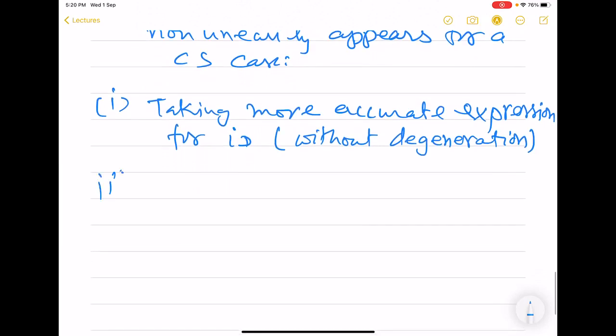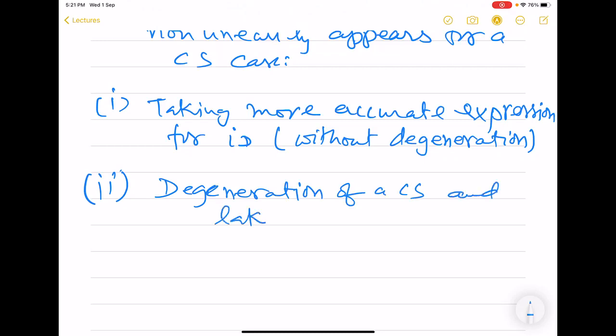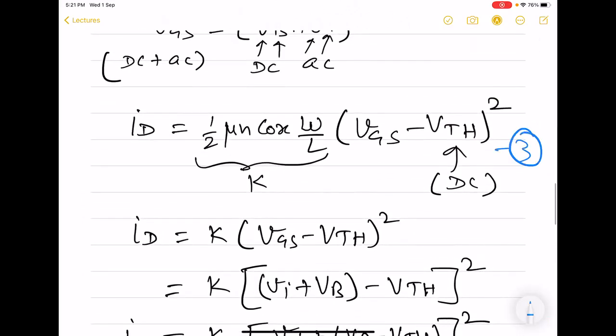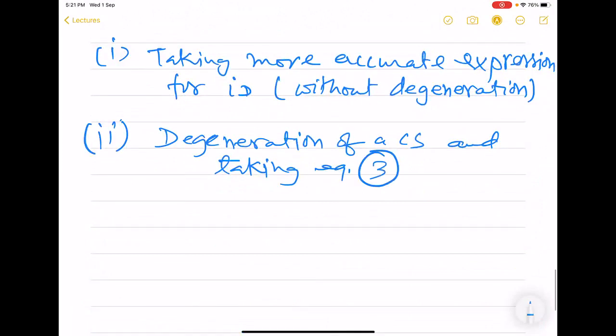And second is, even with this simpler drain current equation that we took just now, if you go for degeneration, then we will see that third order nonlinearity appears. This equation we will call as 3. So even with equation 3, with degeneration, nonlinearity will appear.